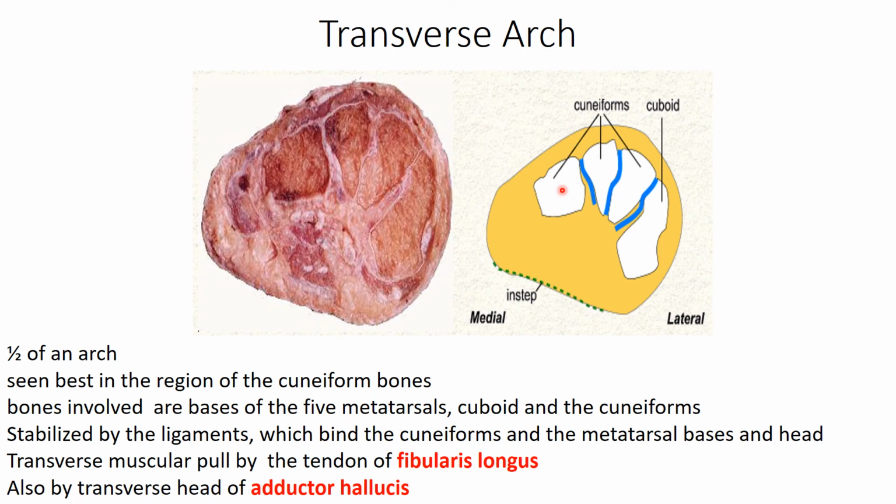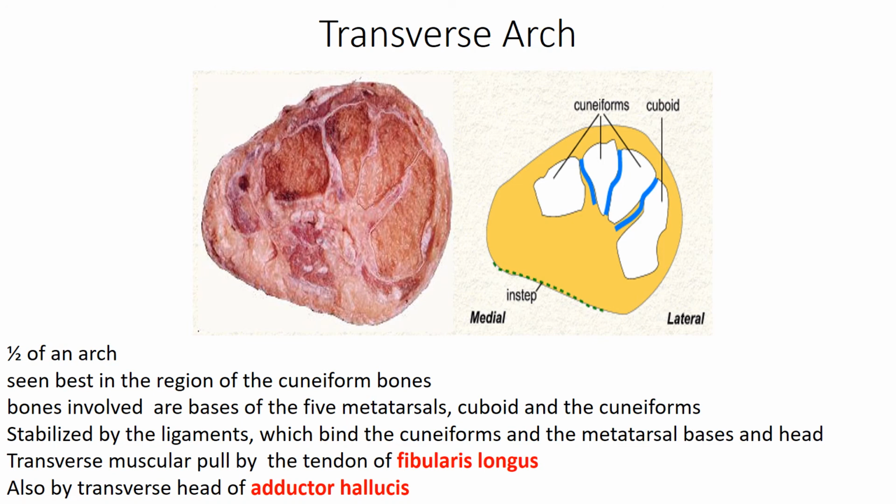The main stabilizers are the ligaments which bind the cuneiforms and the metatarsal bases and their heads, and the muscle which maintains this arch is the oblique passage of the tendon of the fibularis longus, and distally this portion is supported by the transverse head of the adductor hallucis.